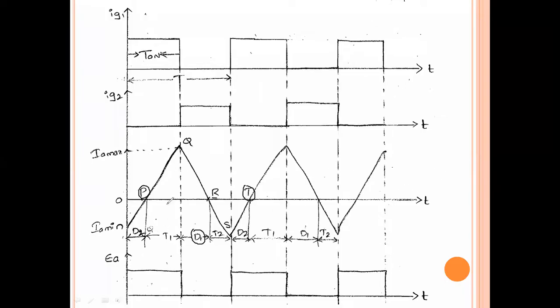So this is how the first quadrant operation is achieved between T1 and D1 with the positive current, and the second quadrant is achieved with the help of T2 and D2 with the negative current. This is the two quadrant operation, and the voltage is always positive.